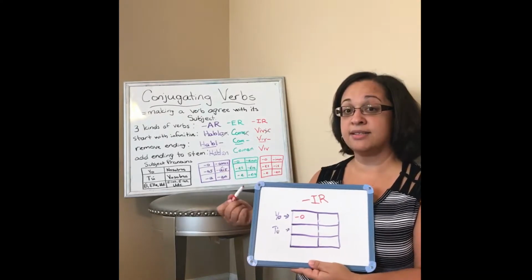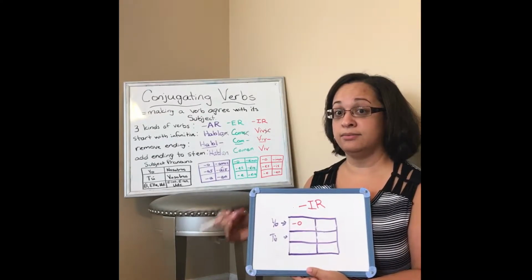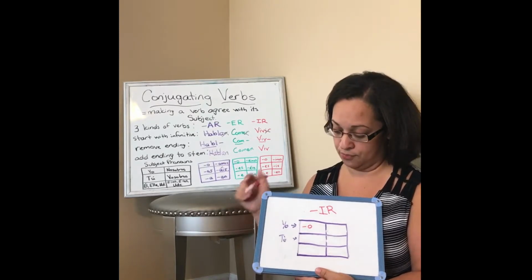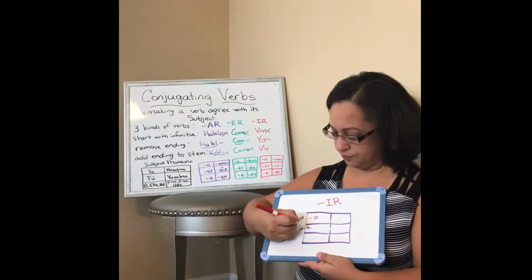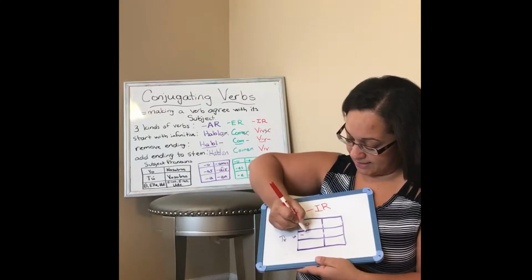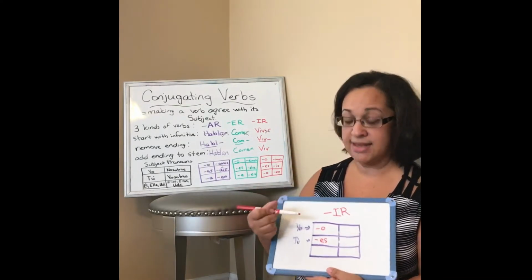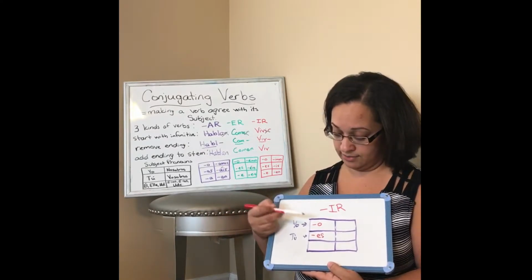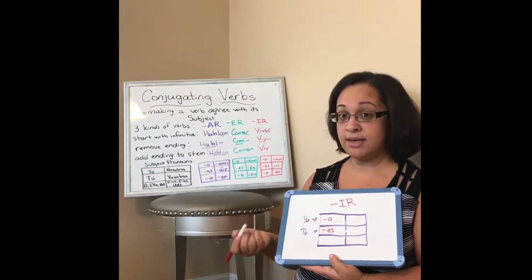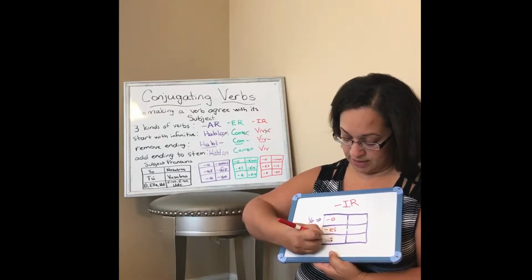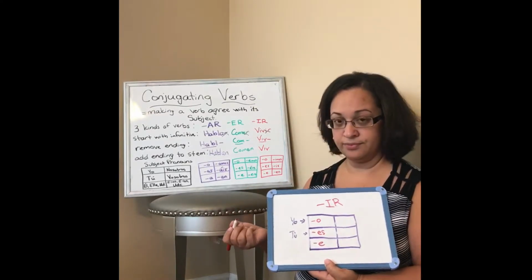That does not change from AR, ER. For the yo form, it's always consistent. It ends in o. For the tú, it's es, E-S. So again, that's the same as the ER. Same as the ER is the next one, which is e for he, she, you formal.